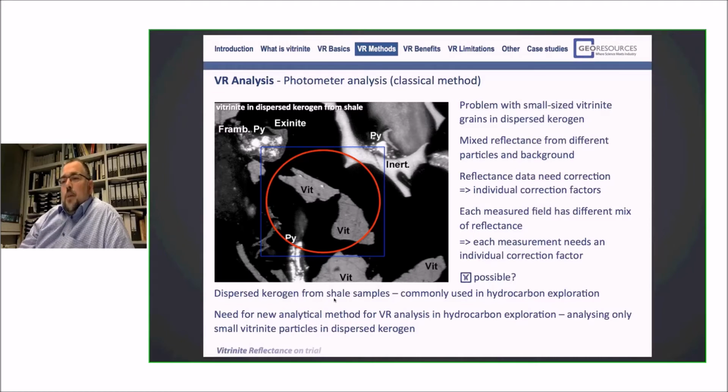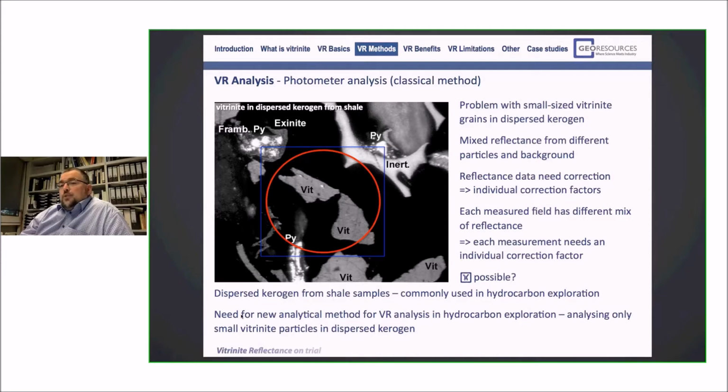Dispersed kerogen is common in shale samples, where we isolate the organic matter from the rocks, which are commonly used in hydrocarbon exploration. So in difference to coal petrology, where we have coals with big particles, in hydrocarbon exploration we mainly work with shales, and with dispersed kerogen like this one here.